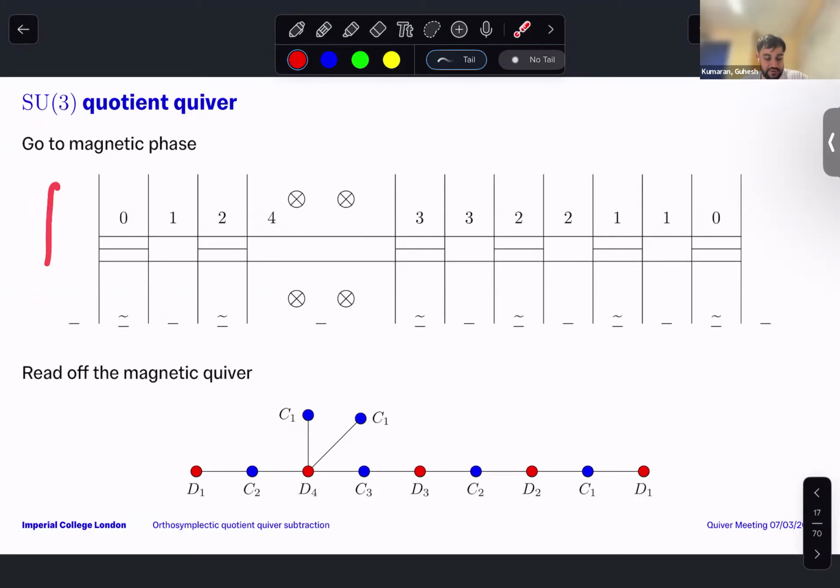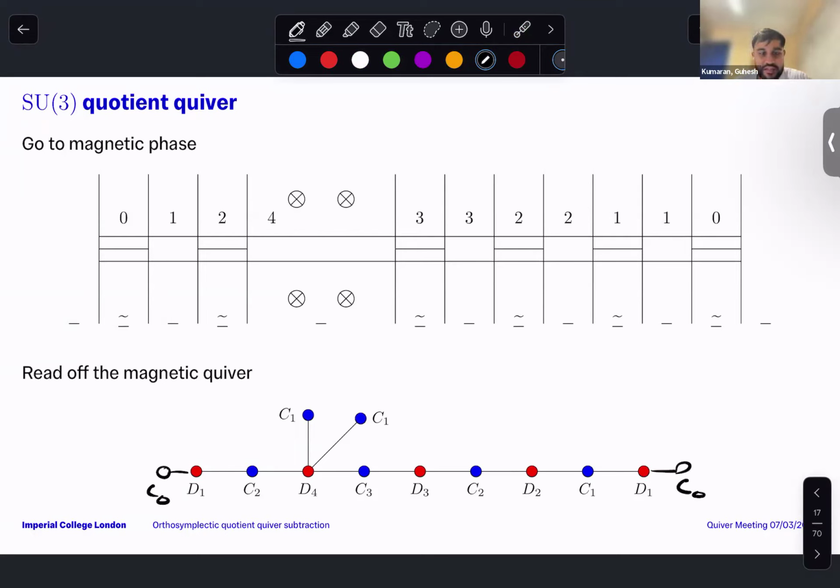We get to this phase and I read off a magnetic quiver. You can see how on the minus here, I have one full D6, so I read D1. Here I have minus tilde, and so I read a C2, and so on for the D6s. When I have NS5s off the orientifold plane, they each contribute a C1. You'll also notice that there are these minus tilde intervals with 0, so you could have a C0 like this.